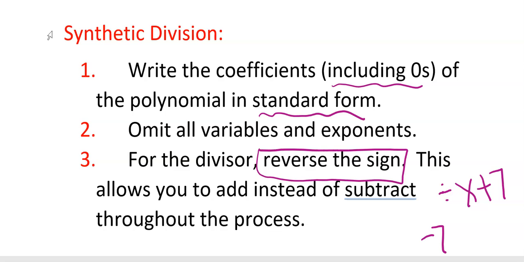And basically what it means is this: if you do x plus 7 equals 0, you get x equals -7. That's what you would be dividing by. And this allows you to add in the process instead of subtracting. And we all know that adding is far easier than subtracting, because then we don't have to worry about as many signs.